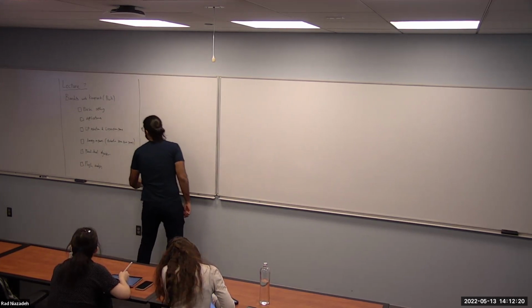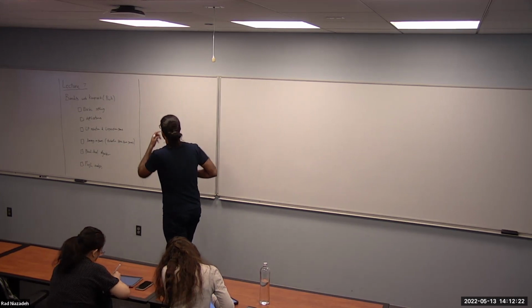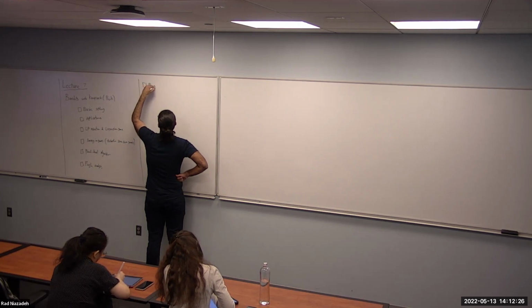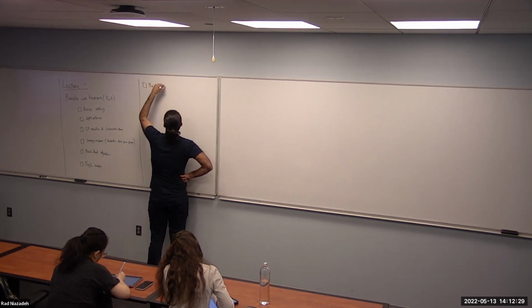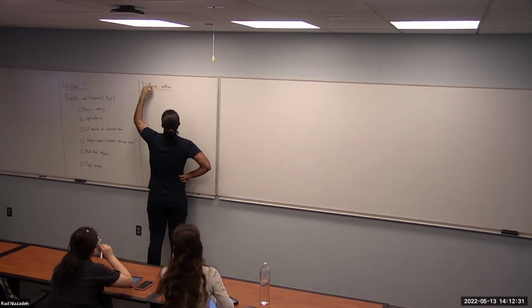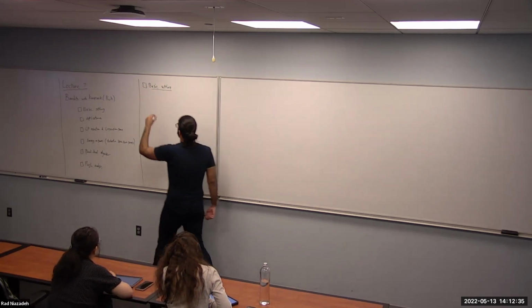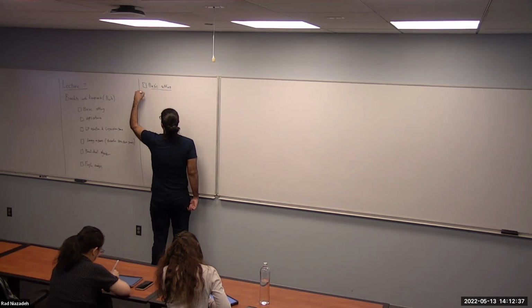So let's start from the first one, the basic setting. It's a fairly general model. Let me explain the following language. In this problem, we have k different arms.